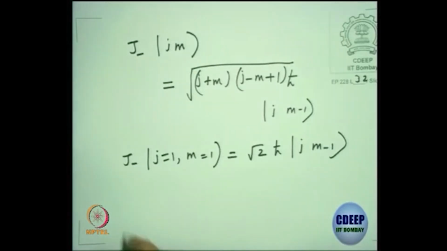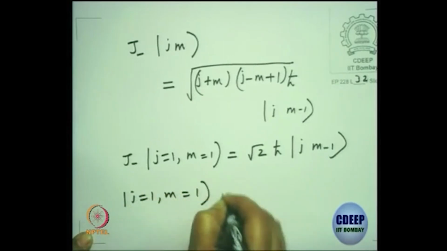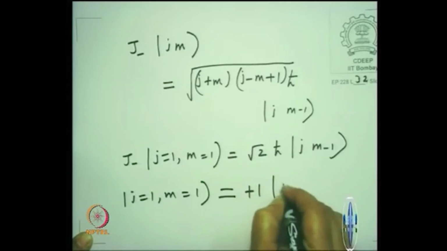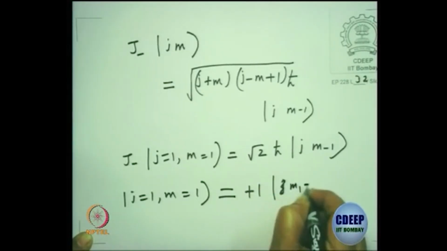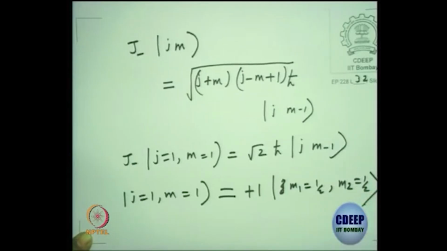But I have already told you that J equal to 1, M equal to 1 is a stretch state with the plus 1 coefficient, which is going to be M1 equal to half, M2 equal to half. Right? Or both are up states.